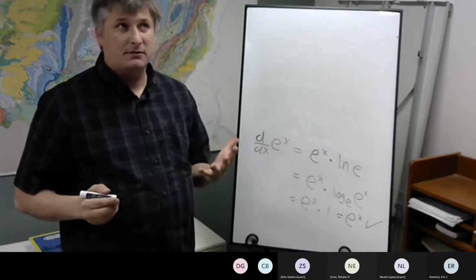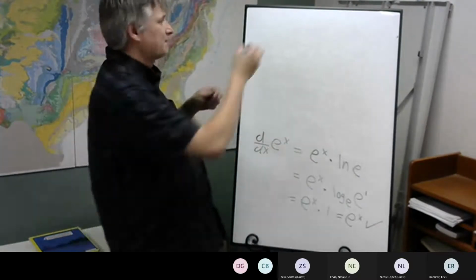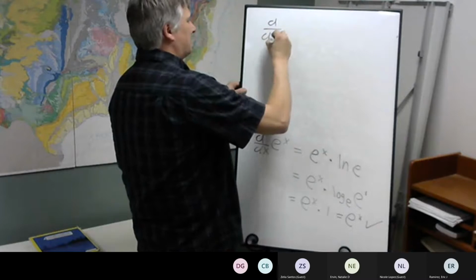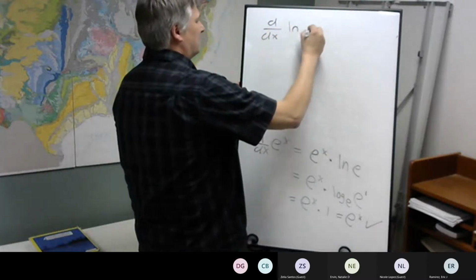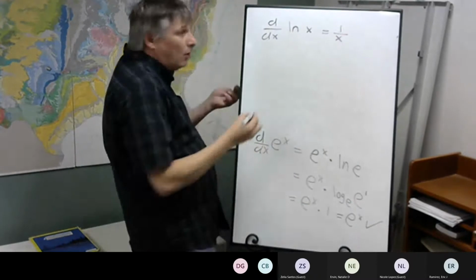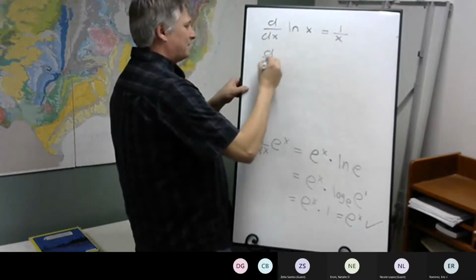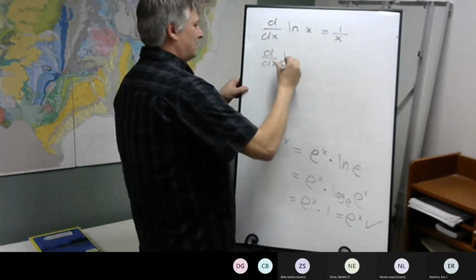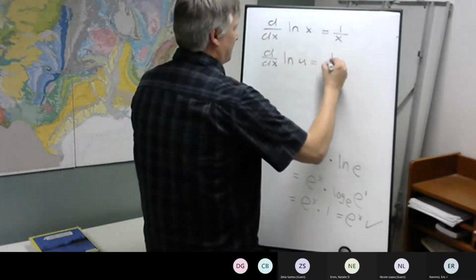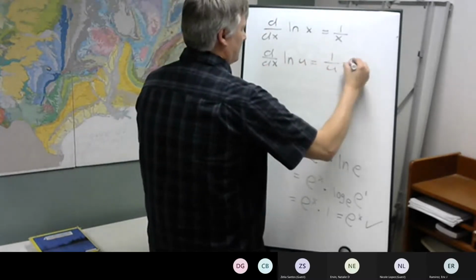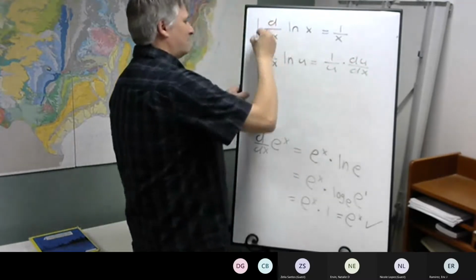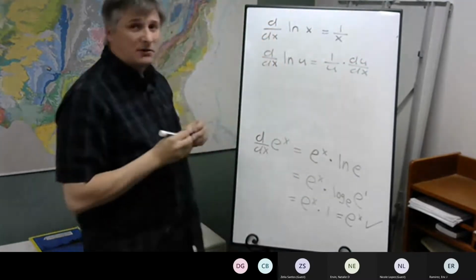Now we looked at the derivative of ln of x. That was 1 over x. Or, put another way, we saw this earlier.